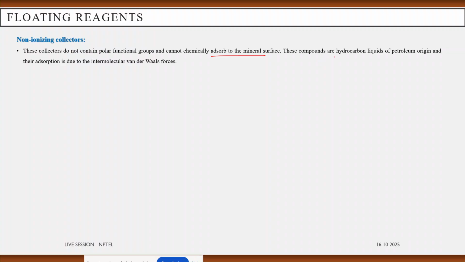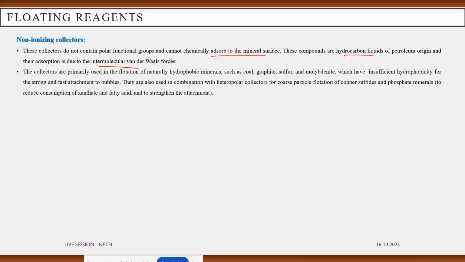These compounds are hydrocarbon liquids of petroleum origin and they adsorb onto the surface of the mineral due to the intermolecular van der Waals forces, not chemically. These collectors are primarily used in the flotation process of naturally hydrophobic minerals such as coal, graphite, sulfur, and molybdenite, which have insufficient hydrophobicity naturally.